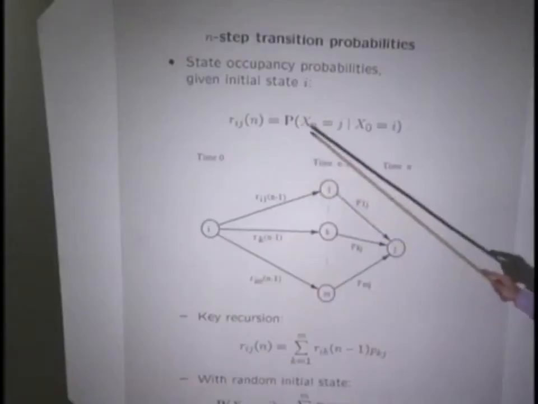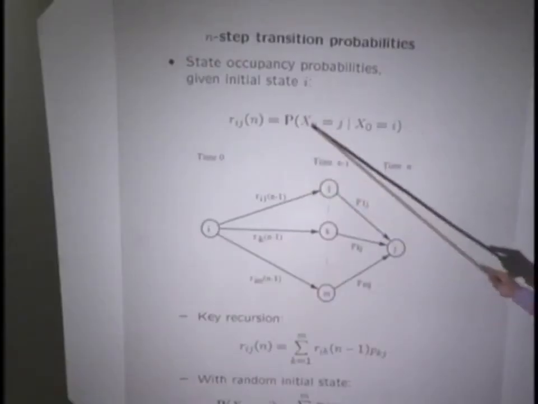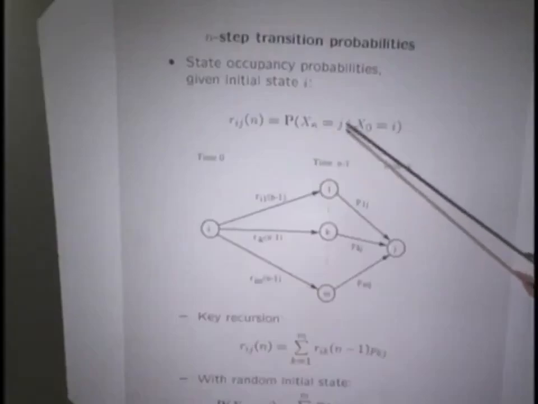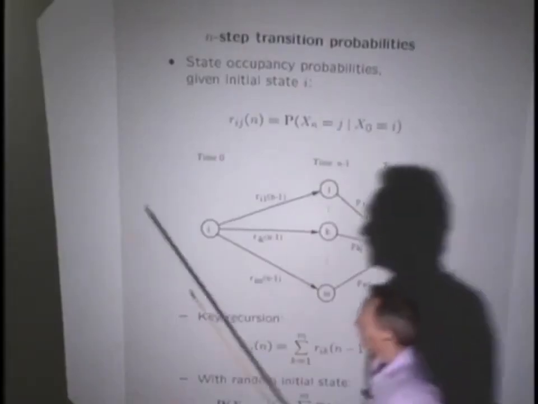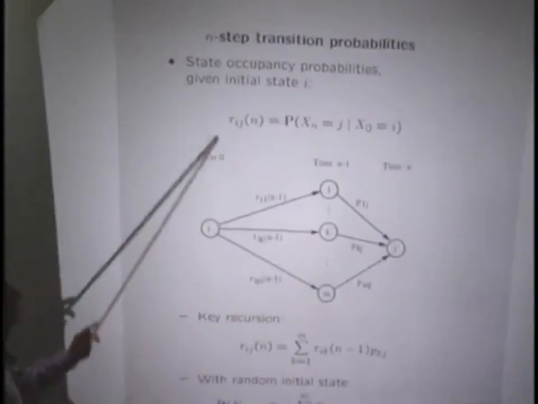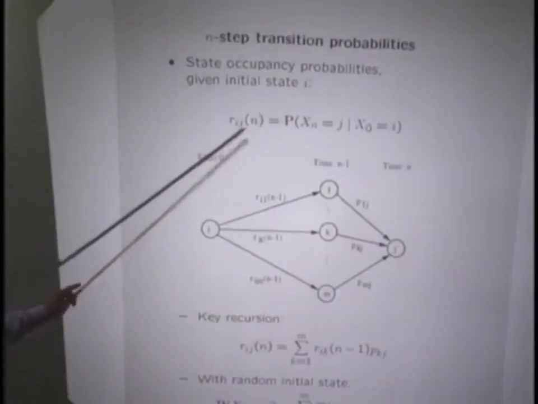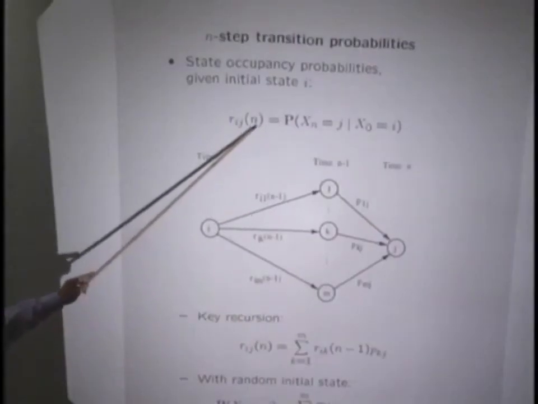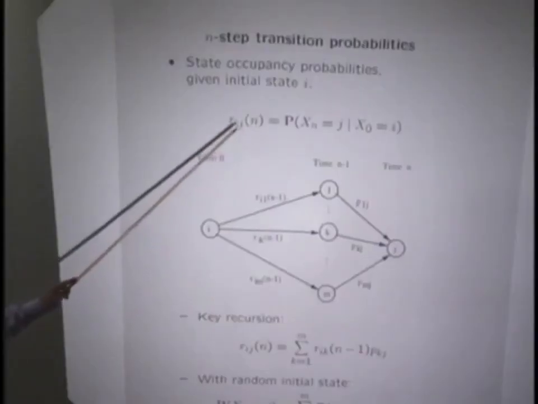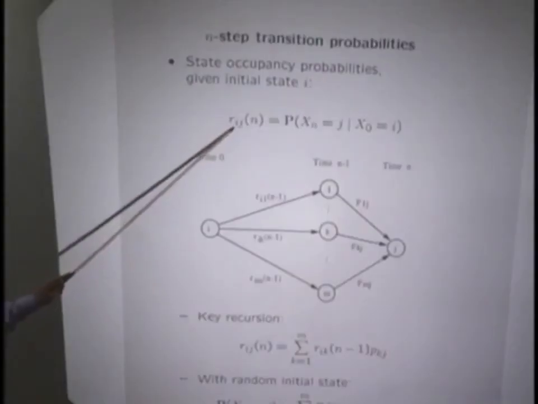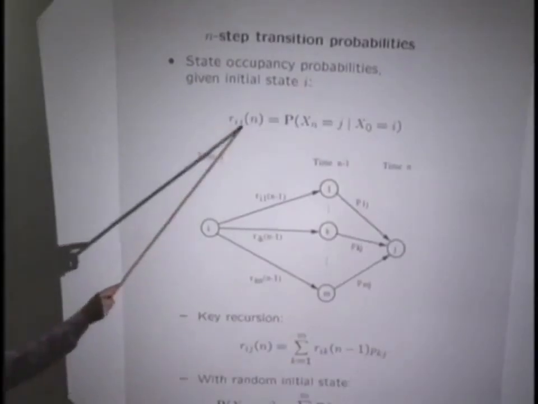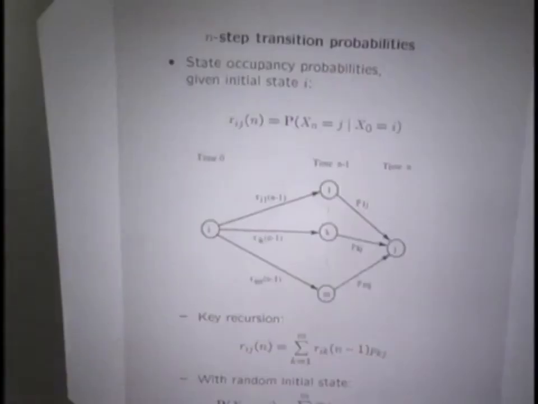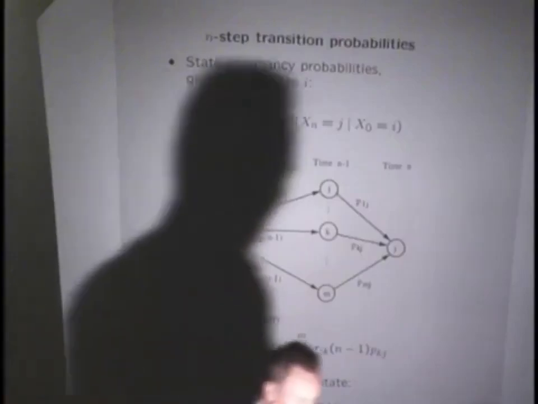Tell me with what probability the state n time steps later is going to be that particular state j. The shorthand notation is to use this symbol here for the n-step transition probabilities, that you find yourself at state j, given that you started at state i. So the way these two indices are ordered, the way to think about them is that from i you go to j. So, the probability that from i you go to j if you have n steps in front of you.